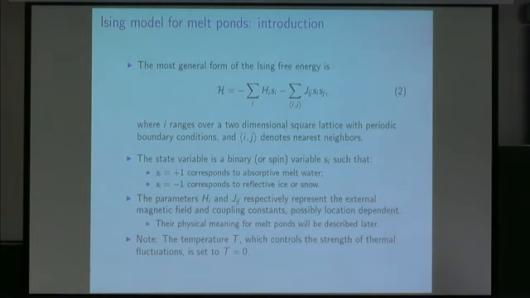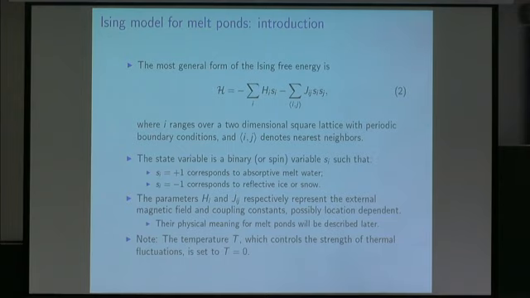So for modeling melt ponds, we want a slightly more complicated version. It's only slightly more complicated in the sense that we just want the magnetic field, this coefficient H, and J, to be possibly dependent on the location. So this is the slightly more general form of the Ising model.